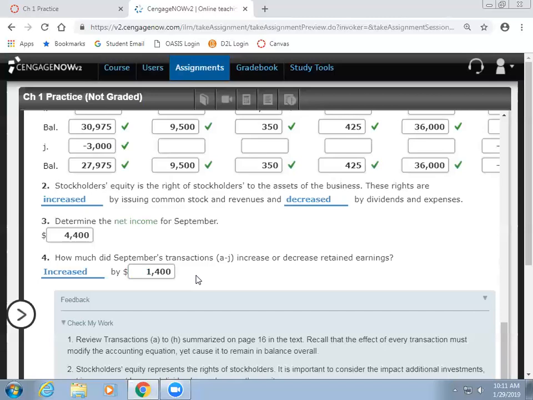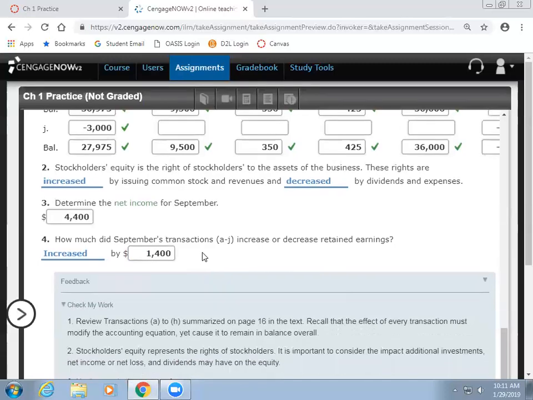It's not for chapter 1. If they don't give you a specific revenue account, we usually call it fees earned. It's a good question. So on number 4, retained earnings increased by 1,400. I think that's it on this one.